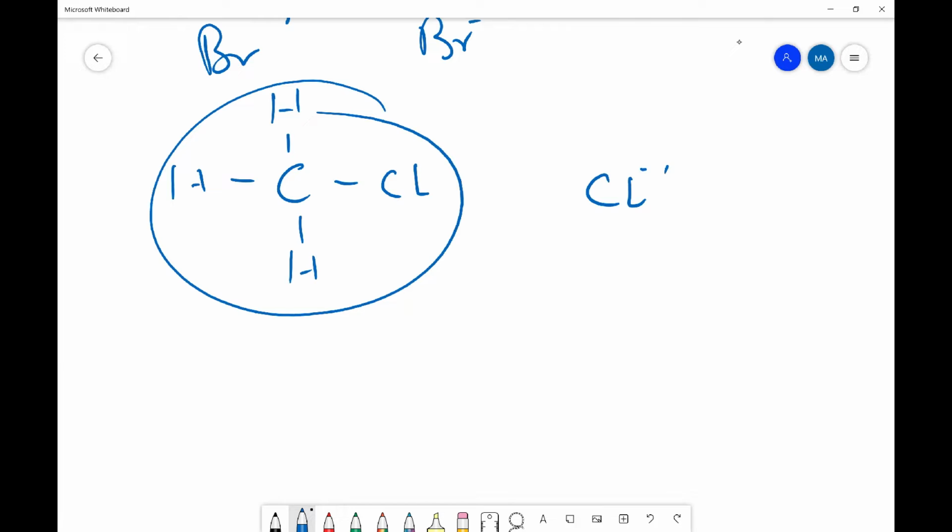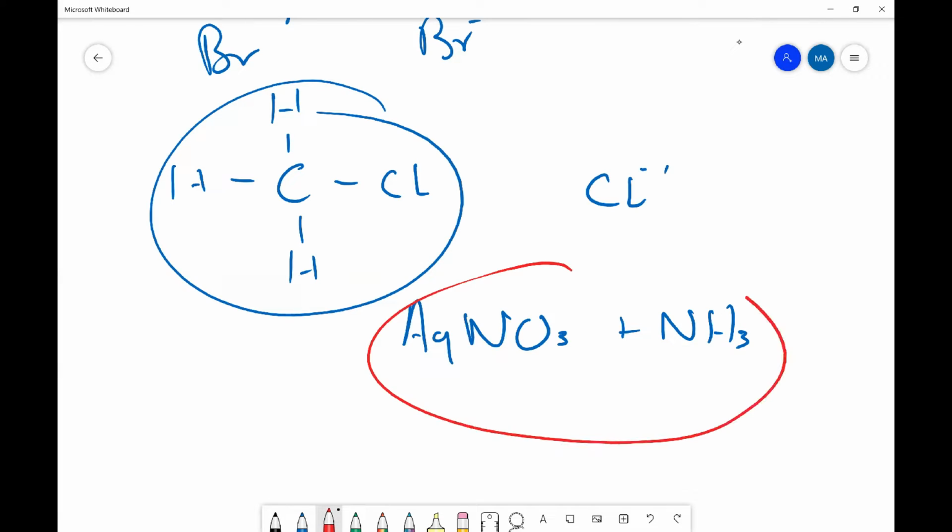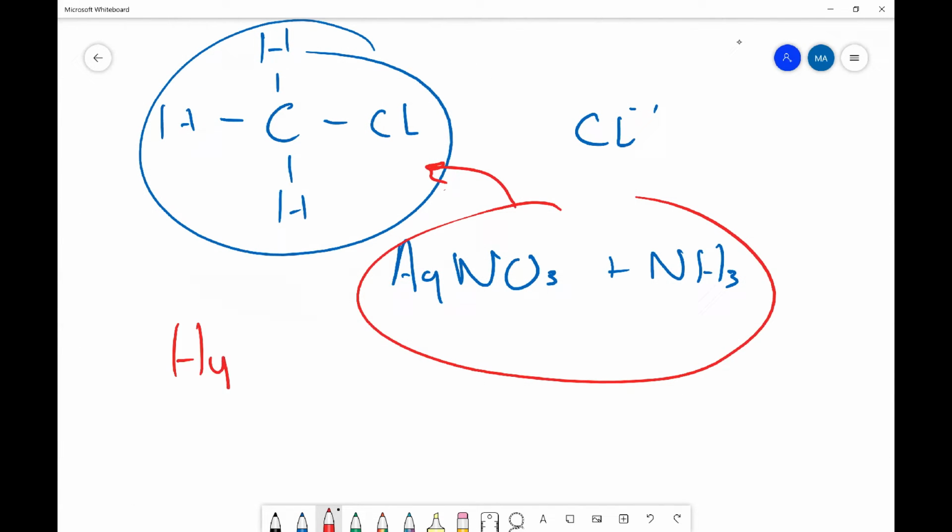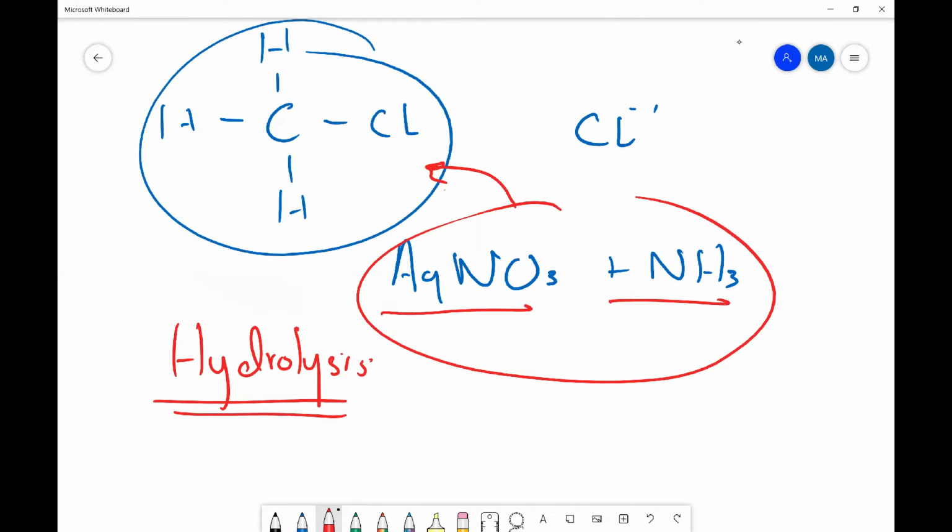The test that we perform to identify the halide is the AgNO3, the silver nitrate test, along with NH3. These are the two compounds that we use to test the presence of halides. This test is known as the hydrolysis test: hydrolysis with AgNO3 and NH3.